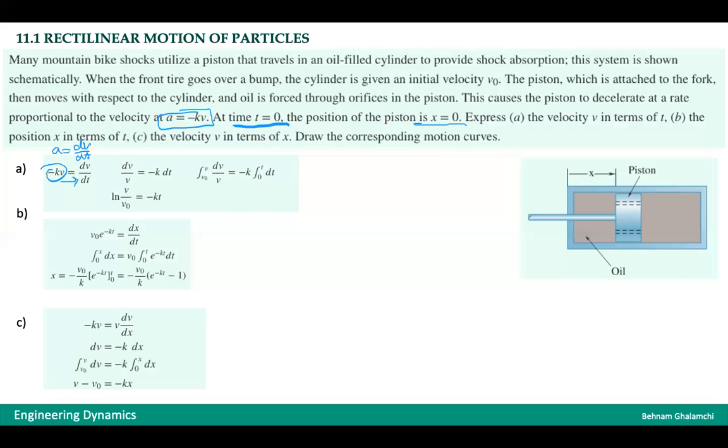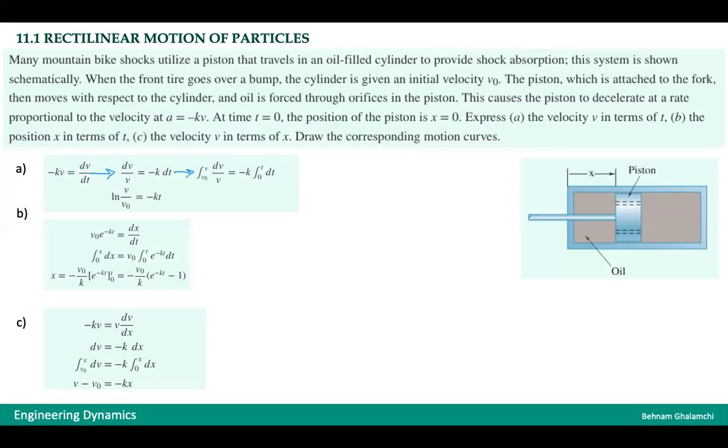What I do is keep whatever velocity variables on the left-hand side, any time variable on the right-hand side. So I just keep dv and dt over there and bring v here. That's why the equation will be like this.